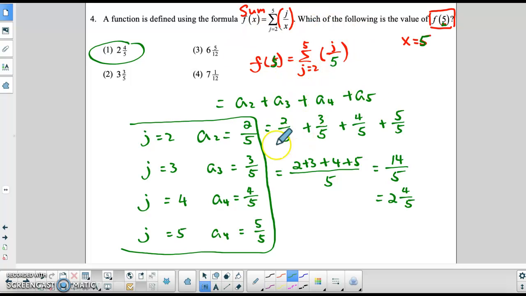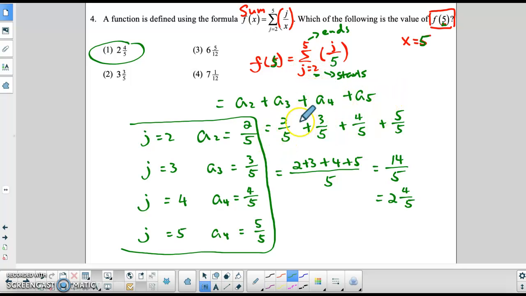This is my first step. Now I need to ask myself, what does that mean? It's basically asking you to start with a2 and end with a5. So you have a2 plus a3 plus a4 plus a5.